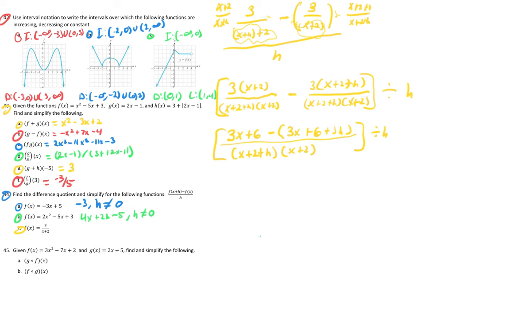We can distribute that negative and see that this is going to cancel out with that, and that's going to leave us with a negative 3h on top, x plus 2 plus h on the bottom, x plus 2 also on the bottom, and we're still dividing by h. So at this point we can cancel out our h's, so we'll be left with negative 3 over x plus 2 plus h multiplied by x plus 2, and we canceled out an h, so h cannot equal 0.